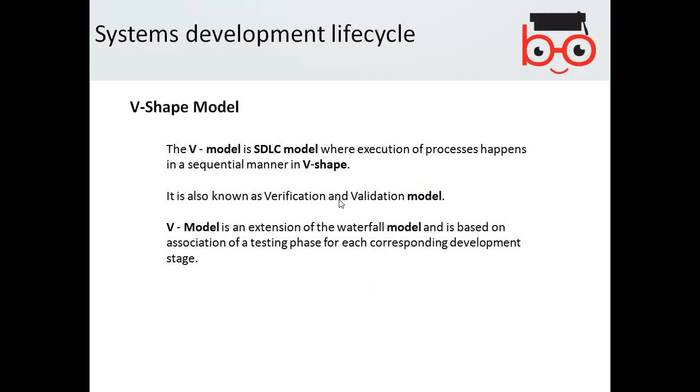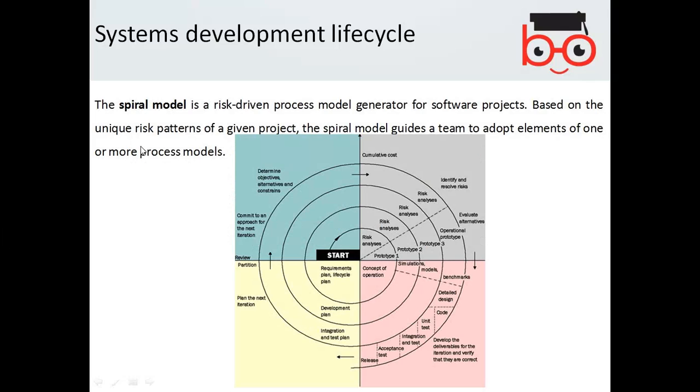Then another is the spiral model. A spiral model is also called a risk driven process. So if you start here, you determine the objectives, alternatives, constraints, and approaches that you will be taking, then you immediately go into the risk.